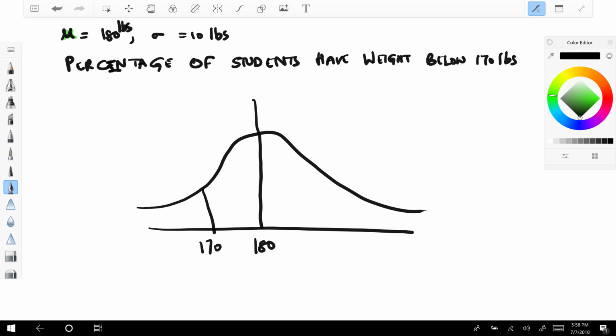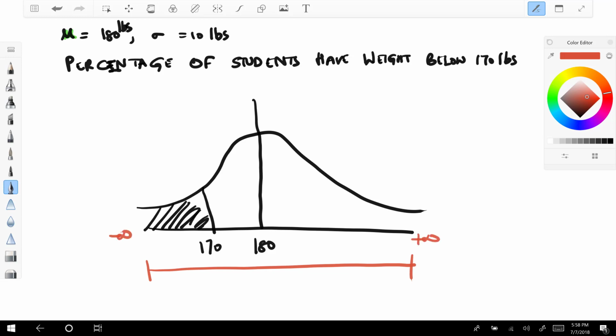We are looking for how much this area is. We know this whole thing from negative infinity to positive infinity is 100%.